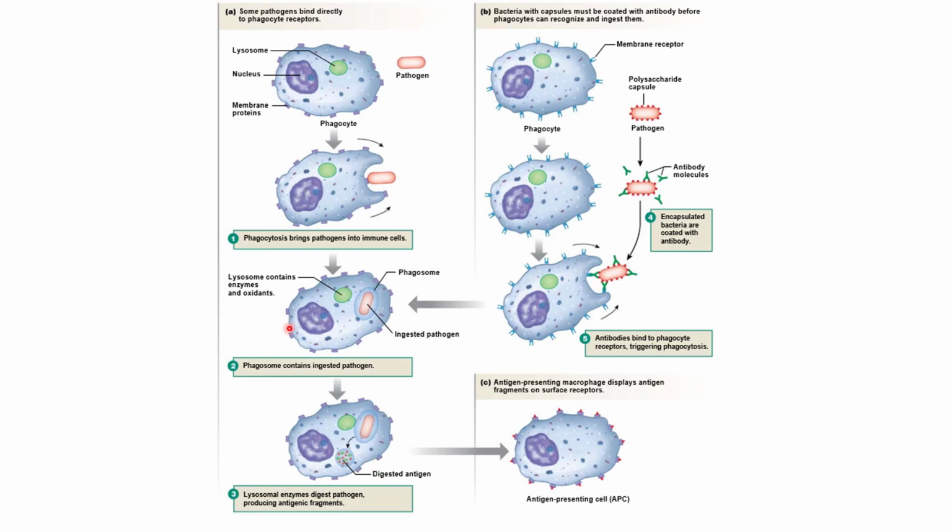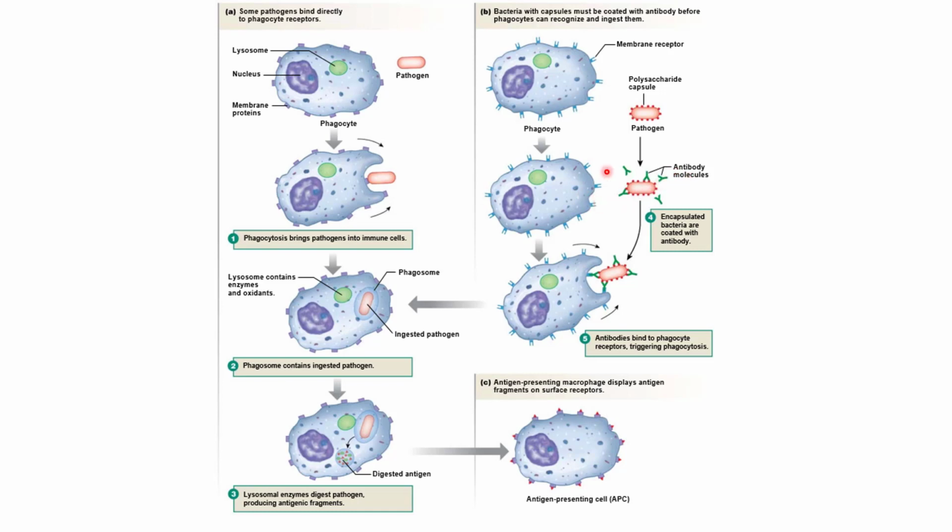Now, if we have a bacteria that has a capsule, that makes it difficult for the phagocytic receptors to just bind to it. So now we need membrane receptors that are able to get through and somehow bind onto it. The way we encapsulate these bacteria that have capsules is we utilize antibodies.